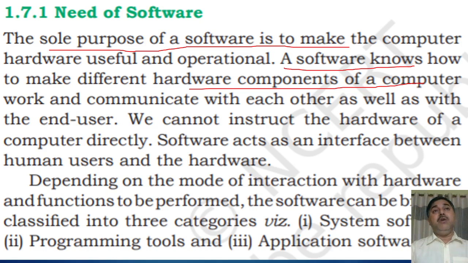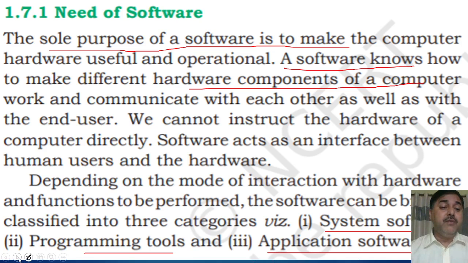What are they? Mainly we can classify software into three parts. What are those three sections? One is system software, one is programming tools, another is application software. So this is how we see different patterns of software, which we need for different purposes.